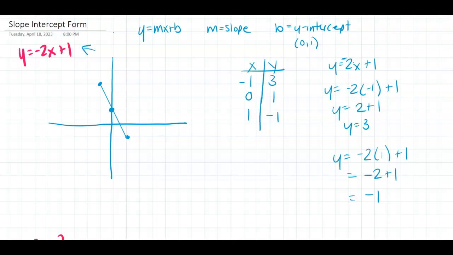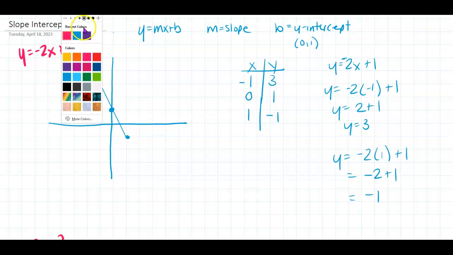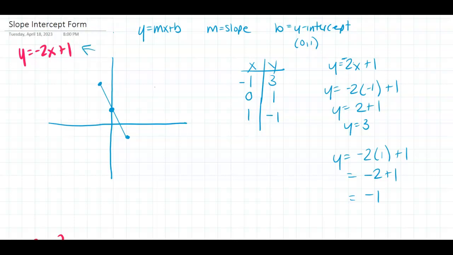All right, perfect. Now, if I wanted to just use my slope, let's get a different color. If I wanted to just use my slope, I start with my point right here for my y-intercept. My slope is negative 2.